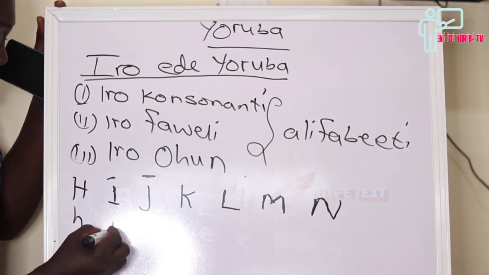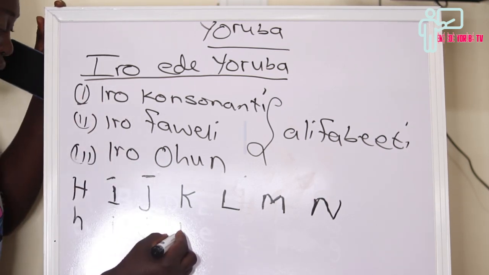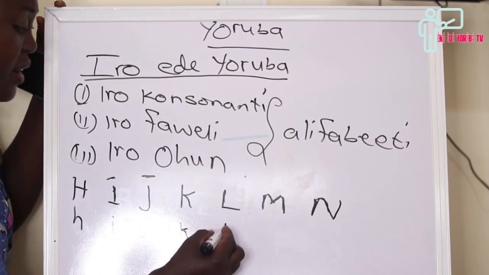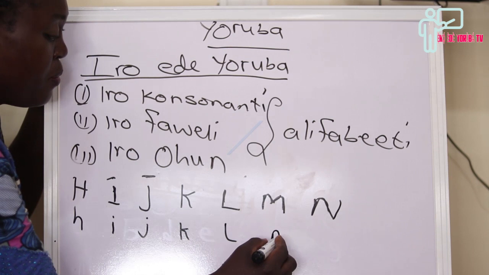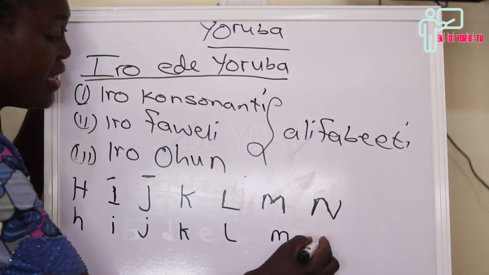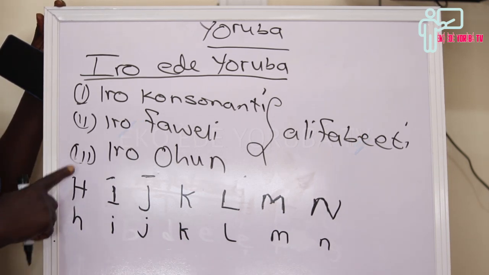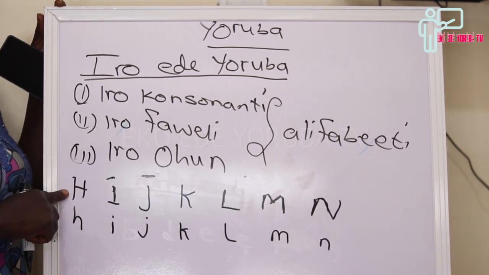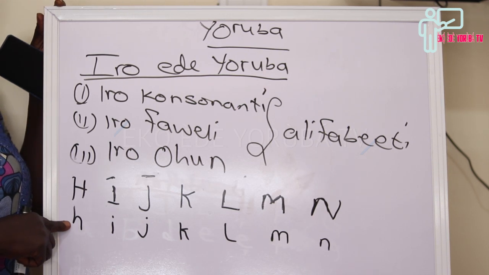He, I, ji, ki, L, which is li, M, which is mi, and ni. Let's see it. Big letters, which is capital letter. He, letter ńlá, letter kékeré.